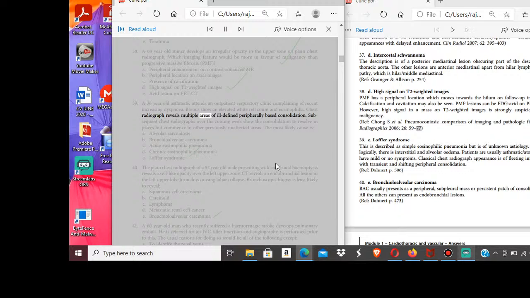Chest radiograph reveals multiple areas of ill-defined peripherally based consolidation. Subsequent chest radiographs over the coming week show the consolidation to resolve in places but appear in other previously unaffected areas. The most likely cause is: A. Alveolar sarcoidosis, B. Bronchoalveolar carcinoma, C. Acute eosinophilic pneumonia, D. Chronic eosinophilic pneumonia, E. Loeffler syndrome.